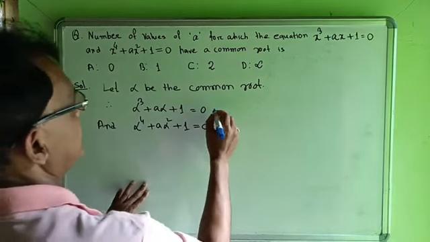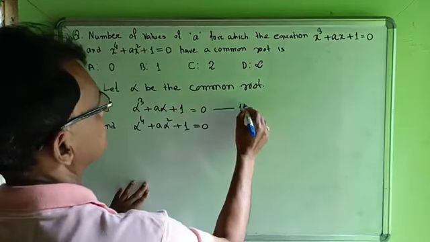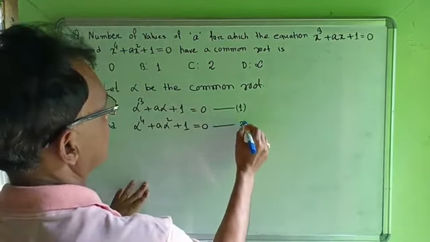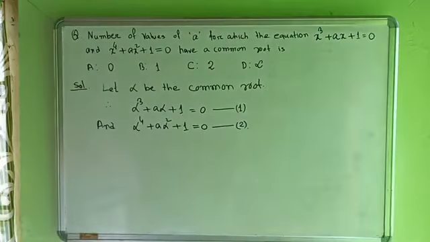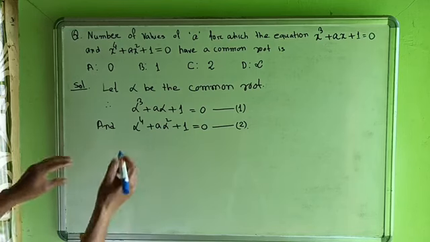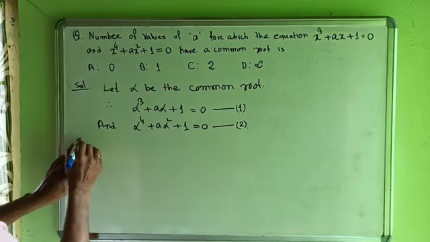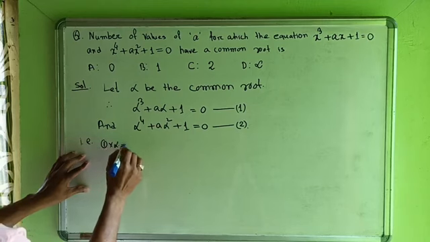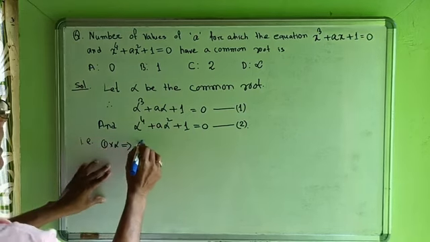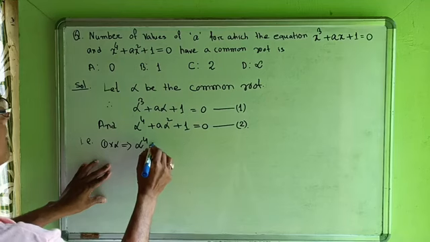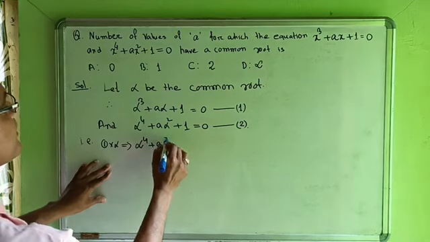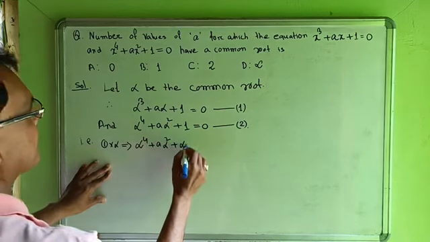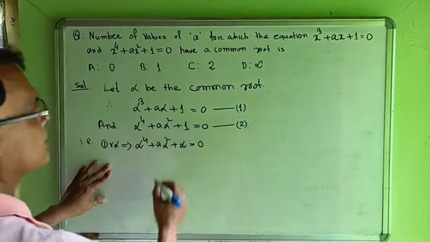Considering equation number 1 and equation number 2. Now we multiply equation 1 by alpha. This implies we get alpha to the power 4 plus a alpha square plus alpha is equal to 0.